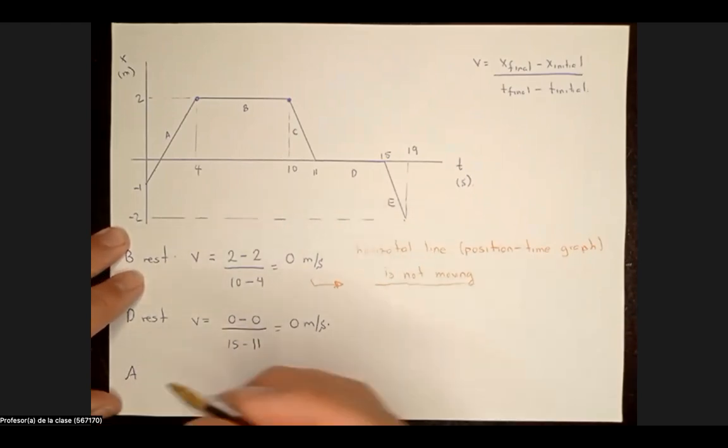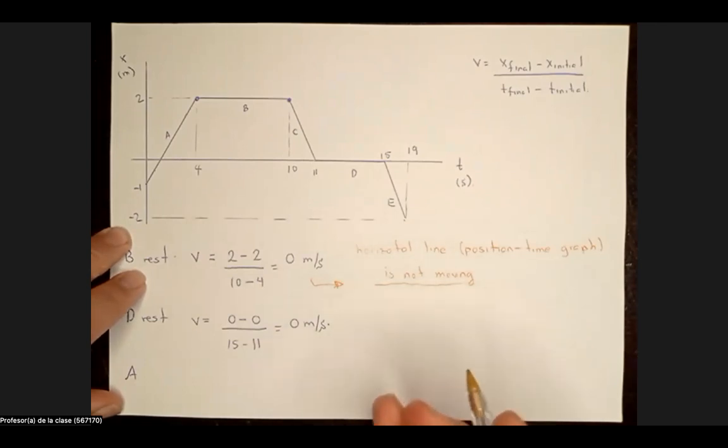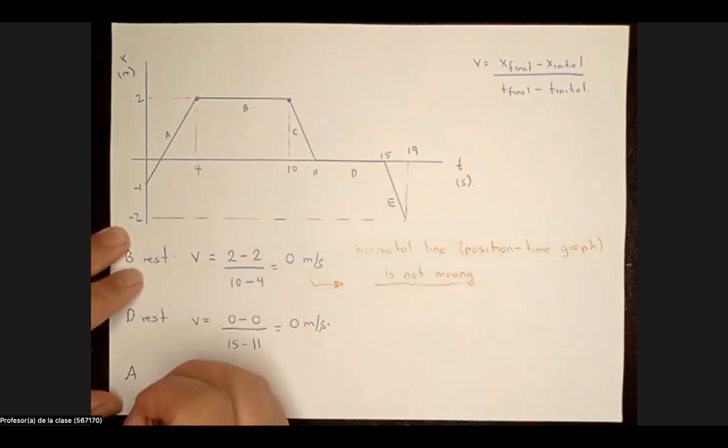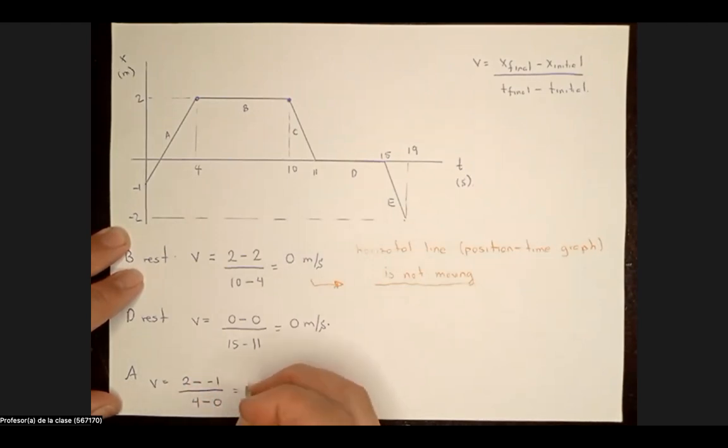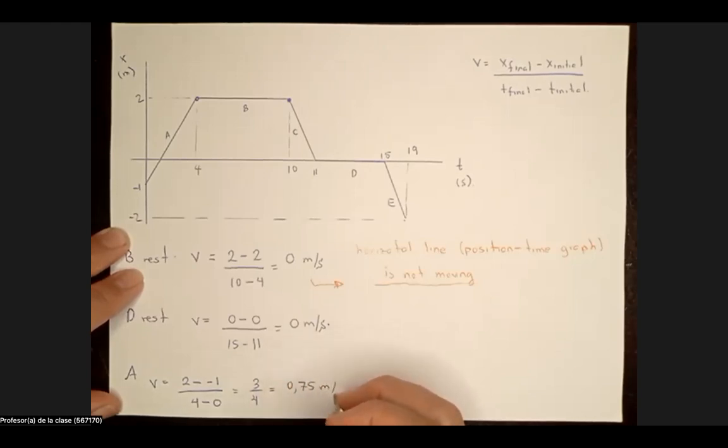So A: the final position will be 2, the initial position will be -1, final time 4, initial time 0. So that will be 3 divided by 4, and that will be 0.75 meters per second.